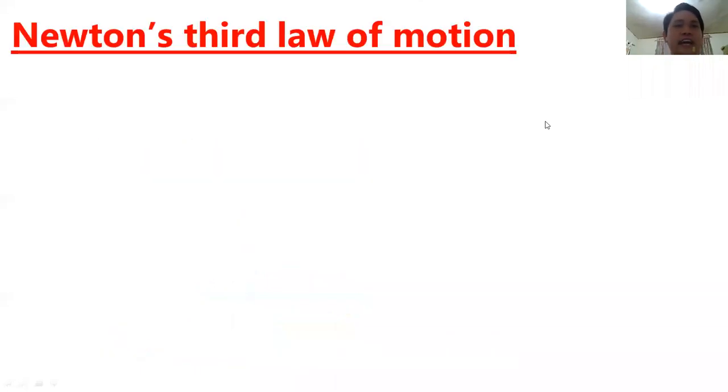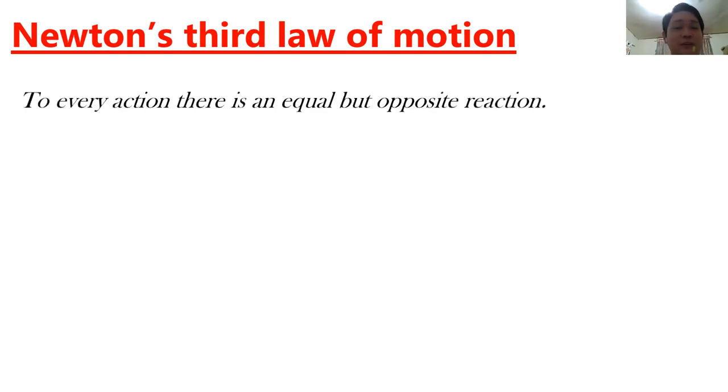Next, after the second law of motion, we will now talk about Newton's third law of motion. What is Newton's third law of motion, class? It states that to every action, there is an equal but opposite reaction. Again, Newton's third law of motion states that in every action, there is always an equal but opposite reaction.